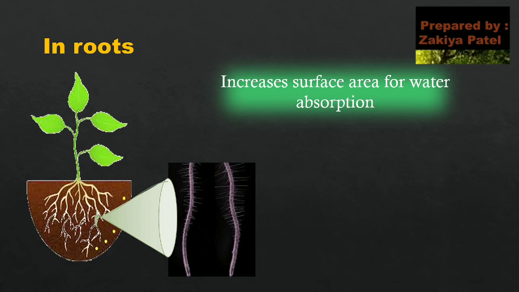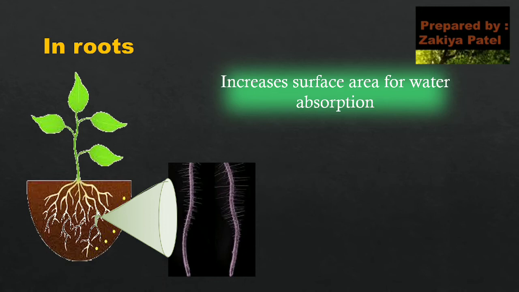As the surface area increases, more water can be absorbed by the plant. So it is clear, dear students, that in desert plants cutin is present, a chemical, and in terrestrial plants waxy secretions are present in leaf and stem, and in roots root hairs are present.